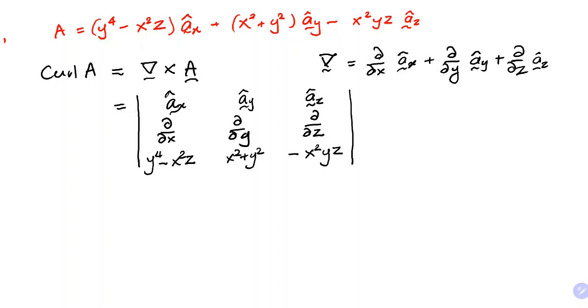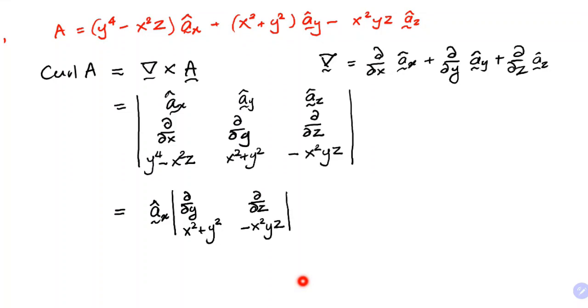And then you can solve the 3 by 3 determinants. So we have unit vector x, and then minus.